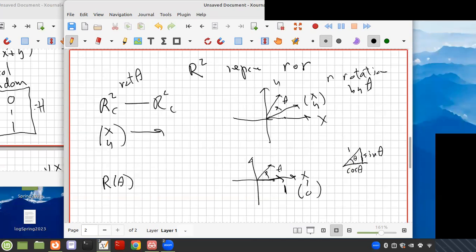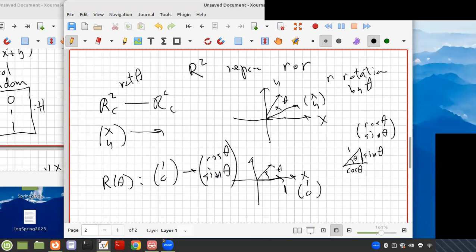You've rotated the length 1 vector on the x-axis up into this position. Then with trigonometry, the coordinates of this point are cosine theta, sine theta. That's our vector. So our map here maps 1, 0 to cosine theta, sine theta.